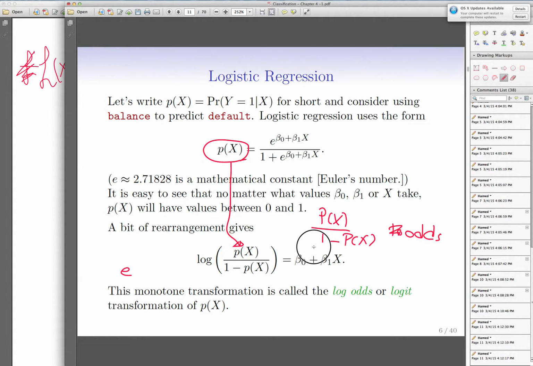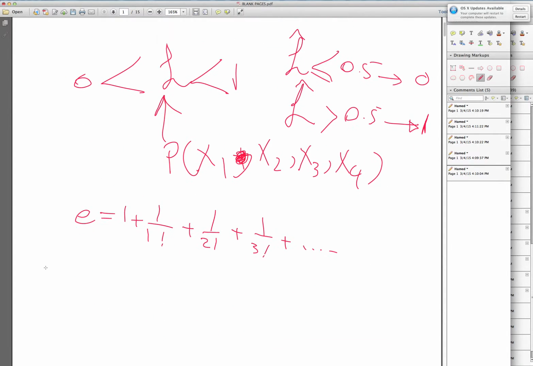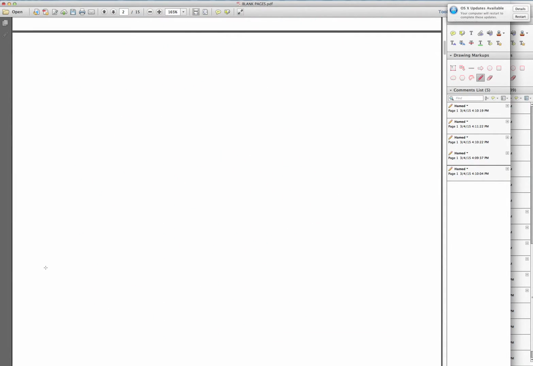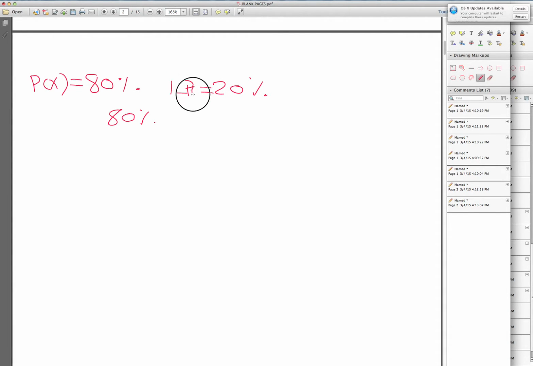So let me spend some time on defining odds. Let's say you are a person who may default with 80% chance and 20% no default. 80% was our px, and 1 minus px was 20%. So 80% divided by 20% is 4.